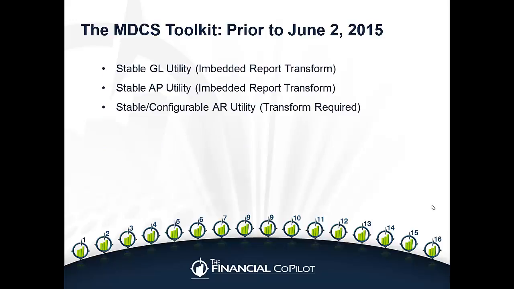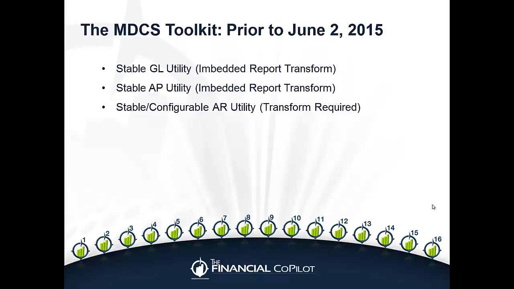As you know, we had a GL utility that was able to take an embedded program report from QuickBooks or any other legacy system and migrate it into the import template for Intacct. That was our standard program, and we expanded that to include an AP utility that used a lot of the same technology, as well as a configurable AR utility.